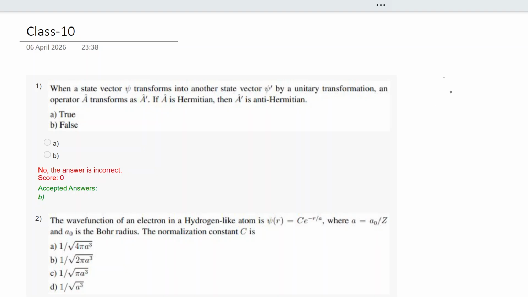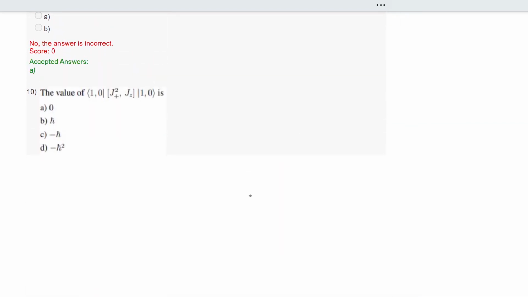So first of all, it's a unitary transformation. Here psi is going to psi prime under a unitary transformation.